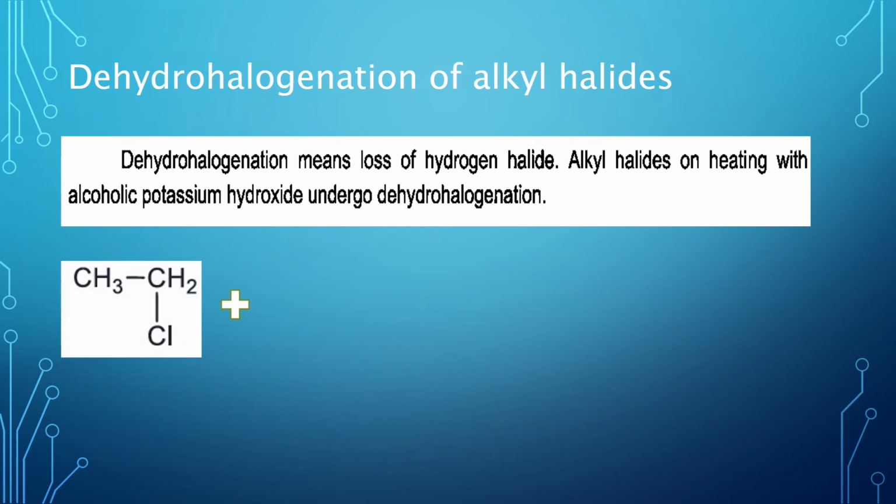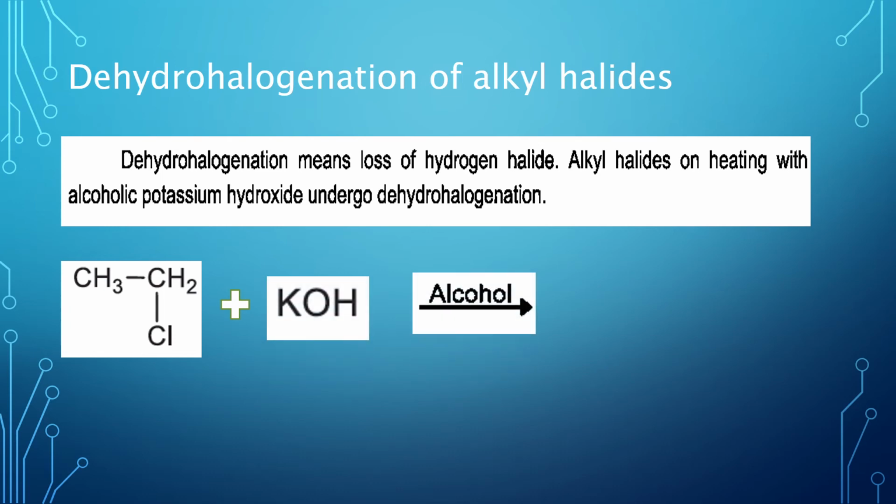In the reaction you can see it is a molecule of ethyl chloride when it is reacted with alcoholic potassium hydroxide. Now what happened? The chlorine, the halogen atom from the carbon atom, and the potassium atom from the potassium hydroxide combine together and produce potassium chloride.